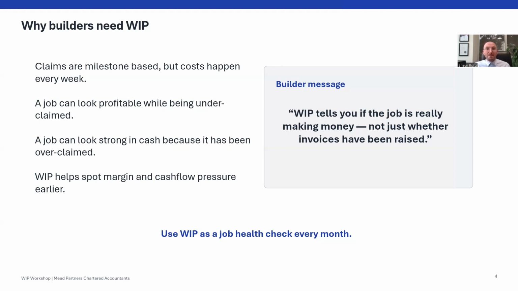Without it, you're often relying on invoices, bank balance, or gut feel, which are all useful, but they don't always show whether work completed matches revenue recognized or claimed. WIP helps you answer the practical questions: are we underclaimed, overclaimed, losing margin, carrying unapproved variation costs, or heading into a cash flow squeeze?